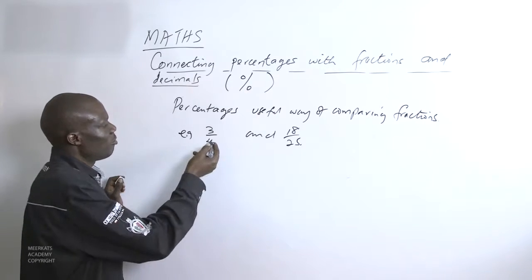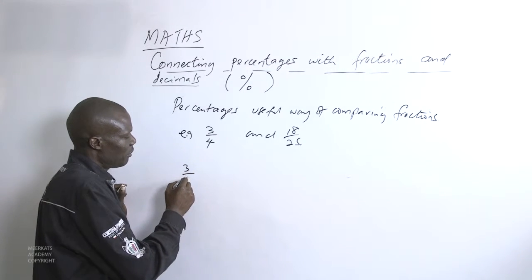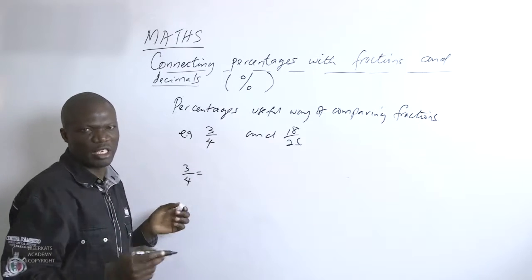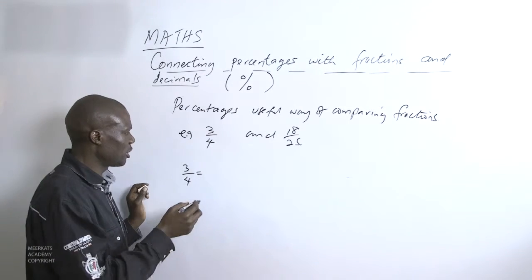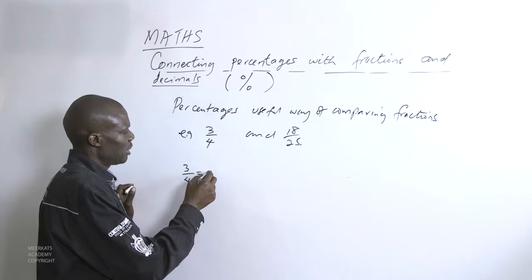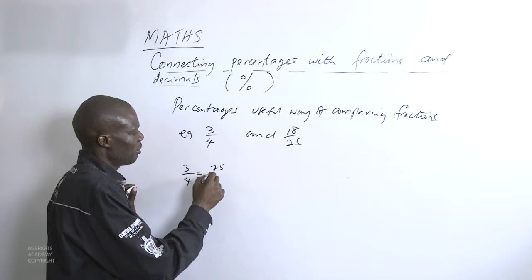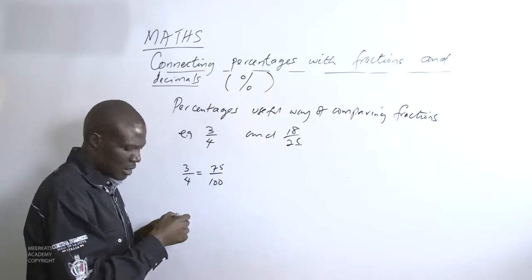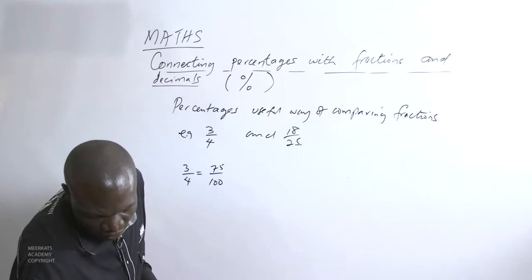So the first part here, 3 over 4, can be written as an equivalent fraction, which is 75 over 100.